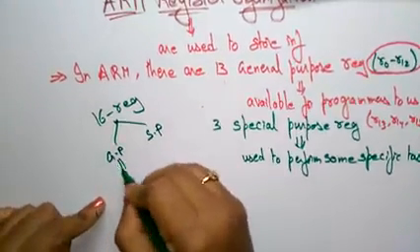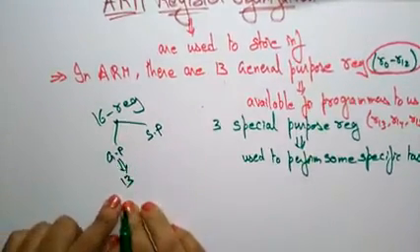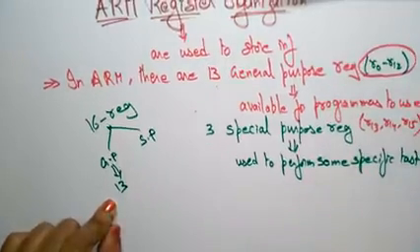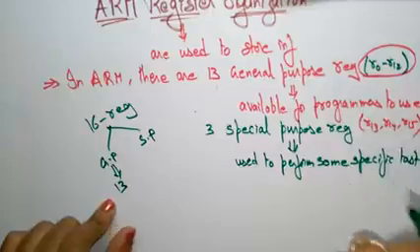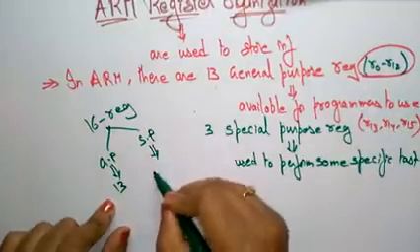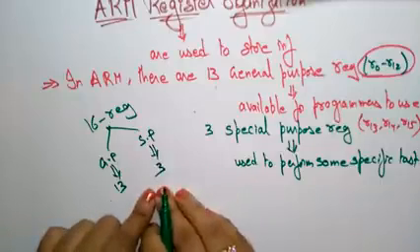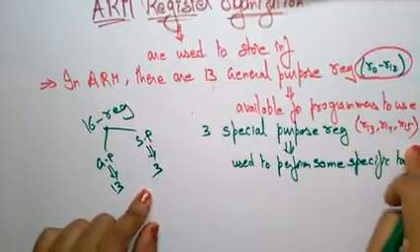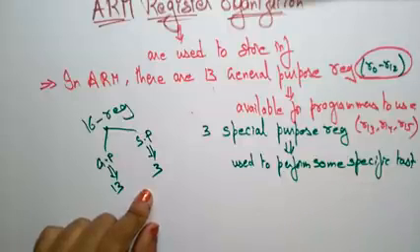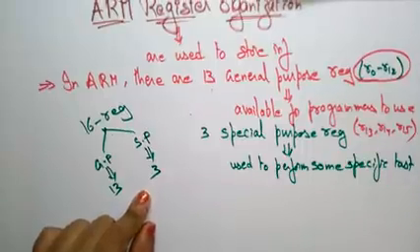Among these, the 13 general purpose registers can be used by the programmers to write programs, from R0 to R12. But the 3 special purpose registers, R13, R14, R15, can perform only specific tasks. They are not used by the programmers.